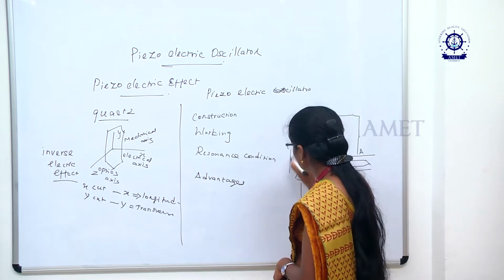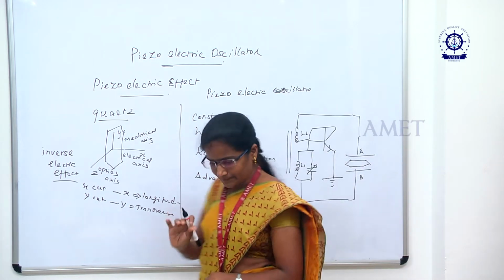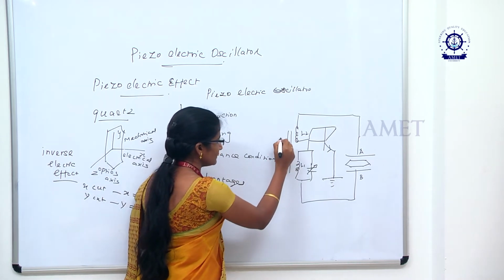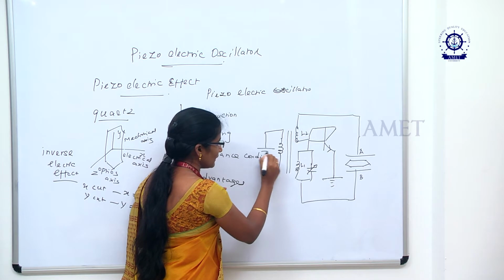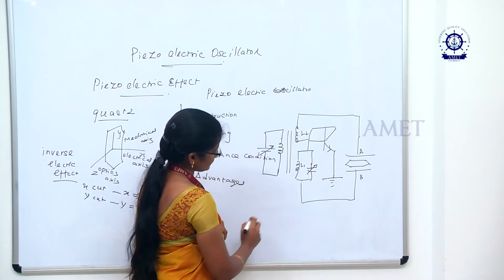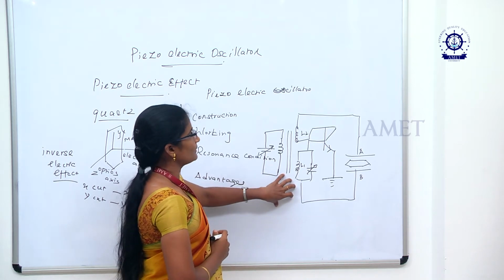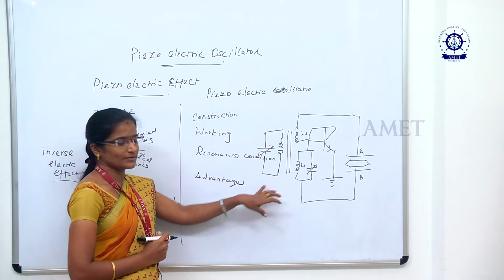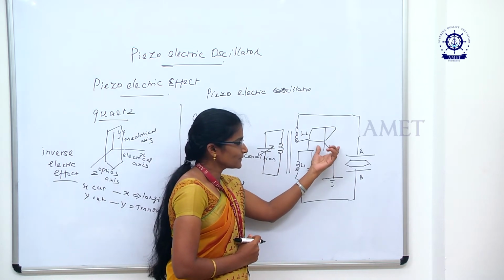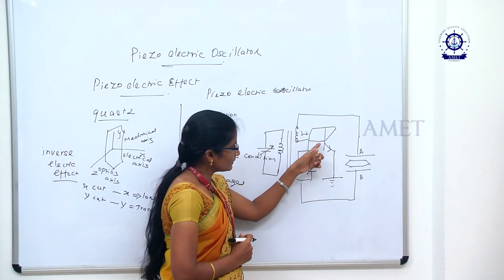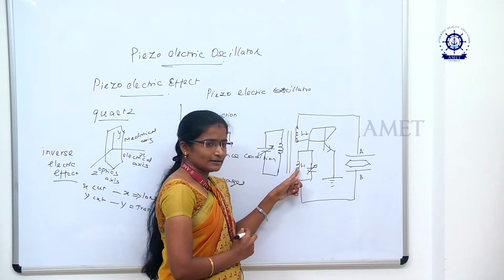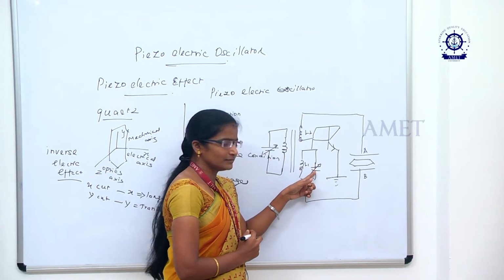This is also a type of transformer. This is the primary coil, and the secondary coil, the induction coils, are connected with the high tension battery. This is the construction of the piezoelectric oscillator. In this oscillator we use one transistor, connected with one tank circuit. The tank circuit means an induction coil connected in parallel with the capacitor.